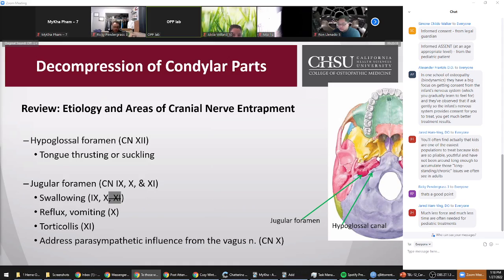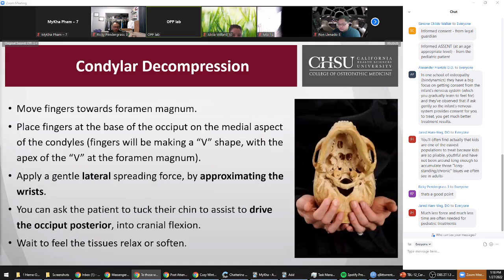And by that, we mean the occipital condyles. You've done this before. Dr. Lund showed you last week. You're contacting underneath the supranuchal line in the area of the upper cervicals.